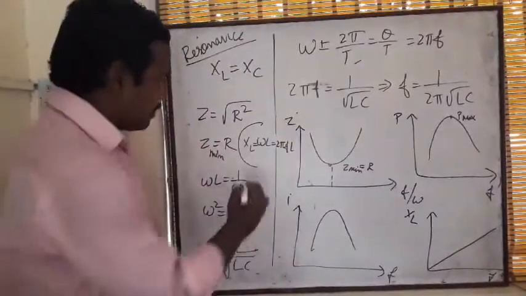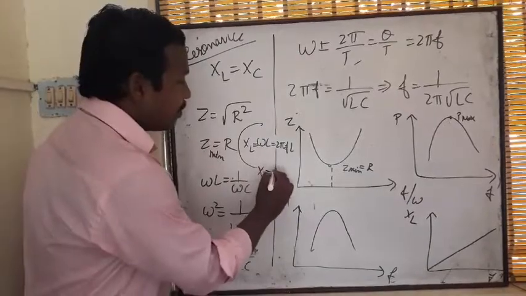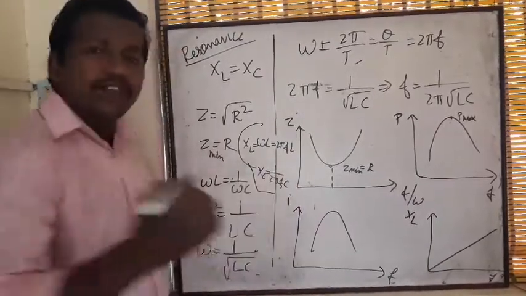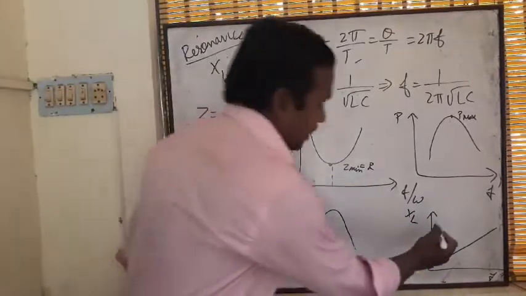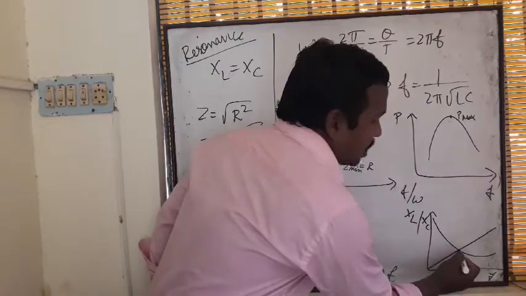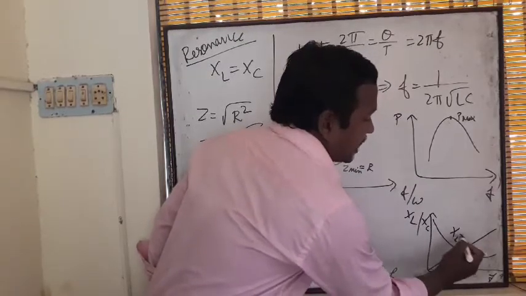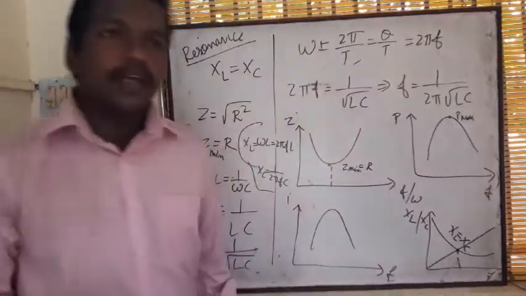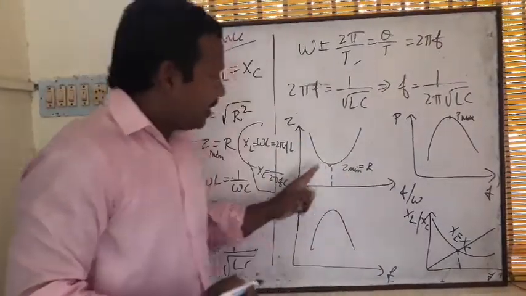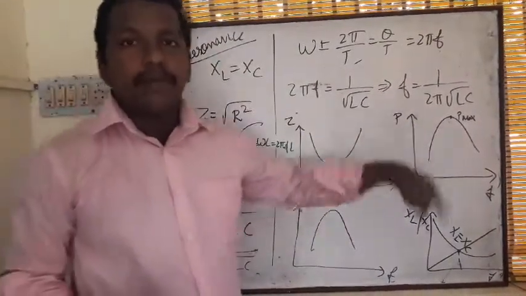The same thing, XC is equal to 1 by 2 pi f C, so XC is inversely proportional to the frequency. That means you will get XC as inversely proportional. So both meet here. This is the place where XL is equal to XC. So this is the resonance condition. That is the place where R will be minimum, current will be maximum, power will be maximum.